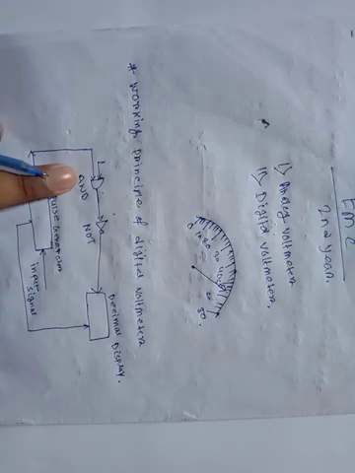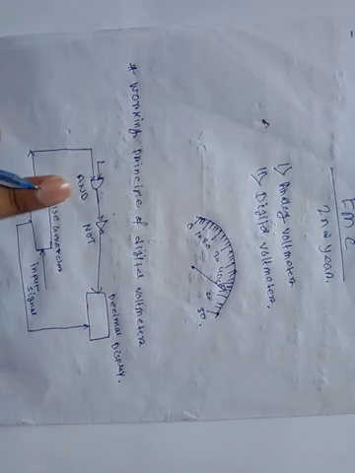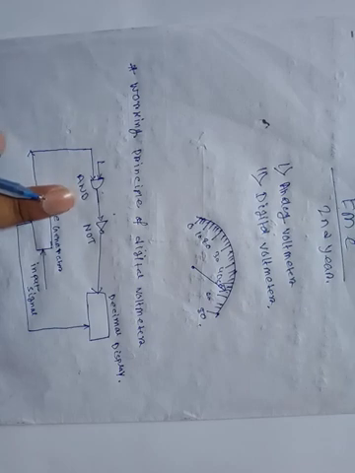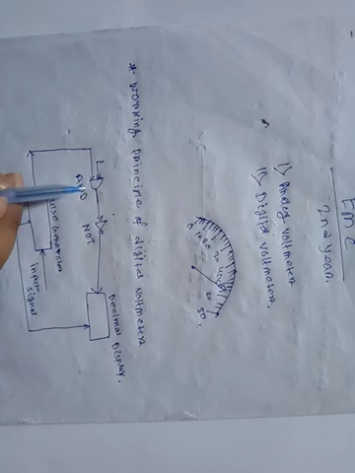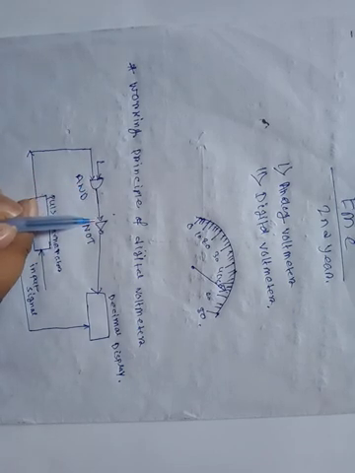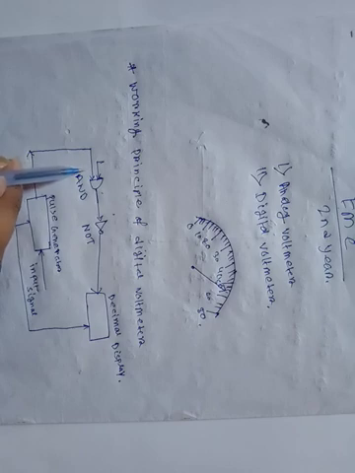Next is the AND gate. It gives a high output only when both inputs are high.